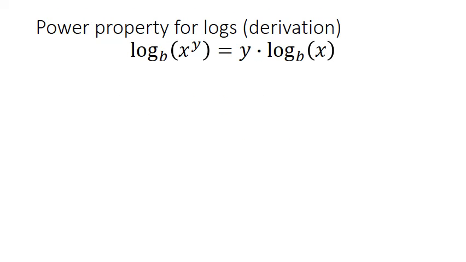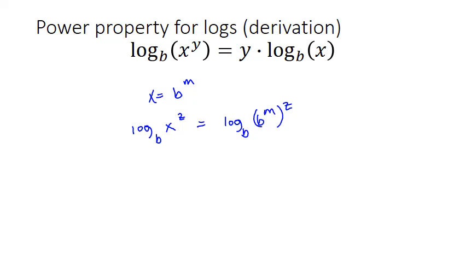We're going to use a similar strategy to derive this one. Let's say we said that x is equal to b to the m. Then that means that if we wrote down log base b of x to the z, that this is the same as saying log base b of b to the m raised to the z power.